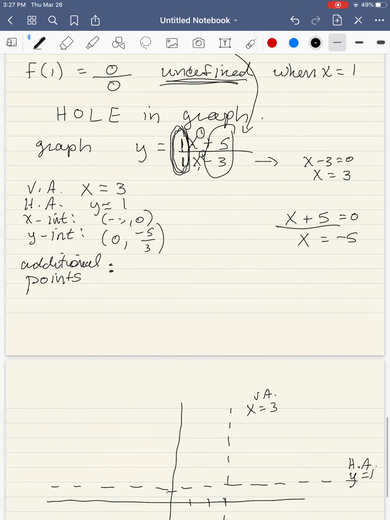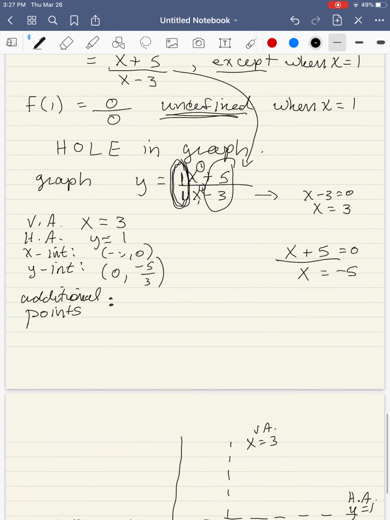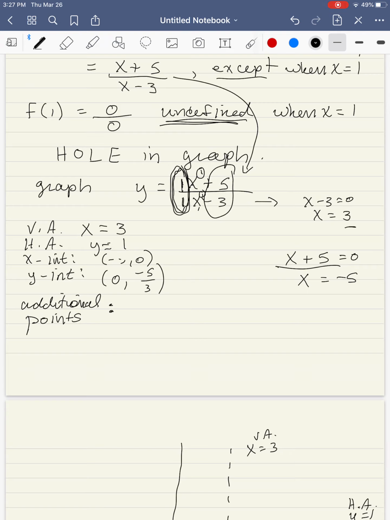And then I can plot my x-intercept and y-intercept. I've lost my x-intercept. That was over here, 3. So 3, 0. No, that's not right. That was my vertical asymptote. All right, so this was the work here, setting the numerator.